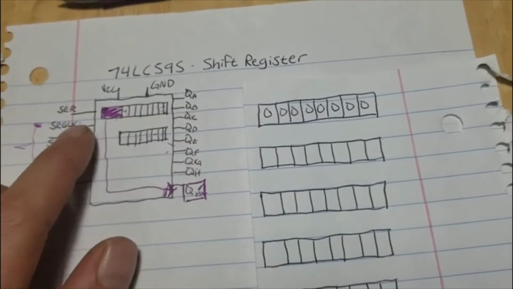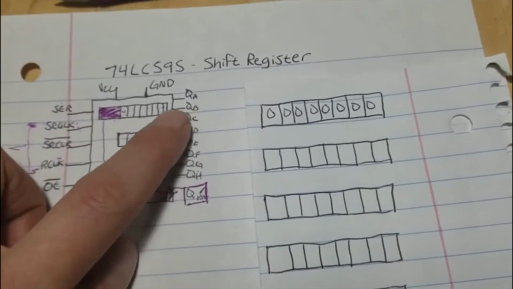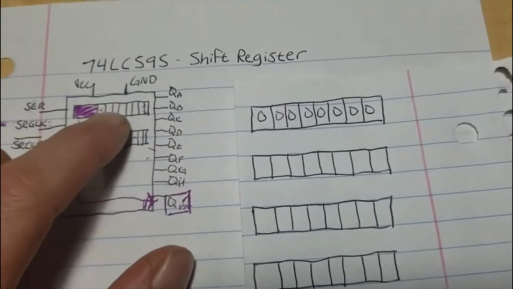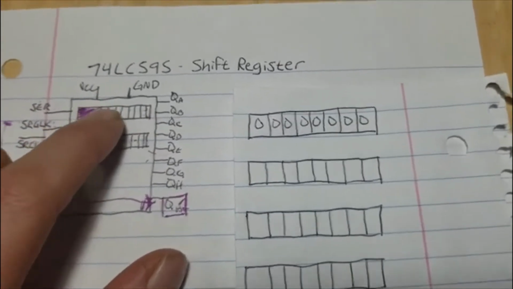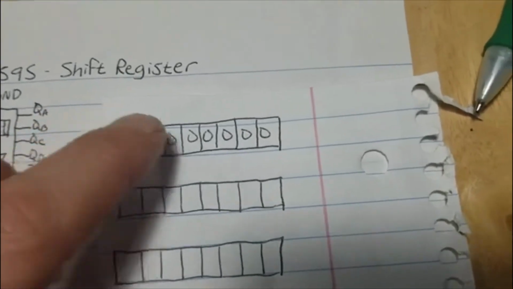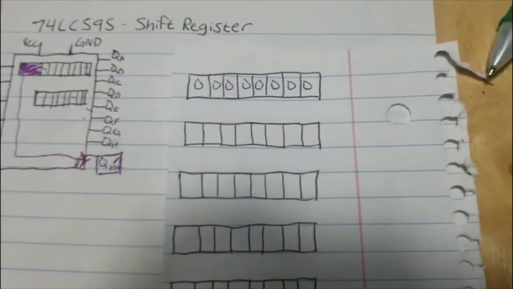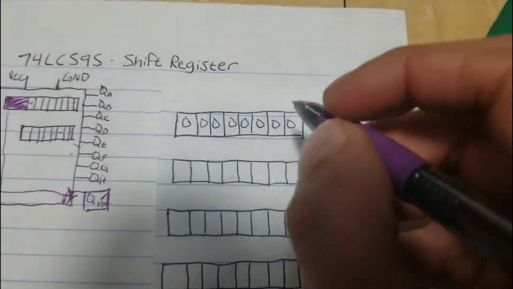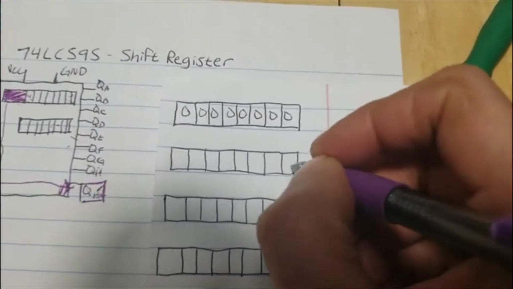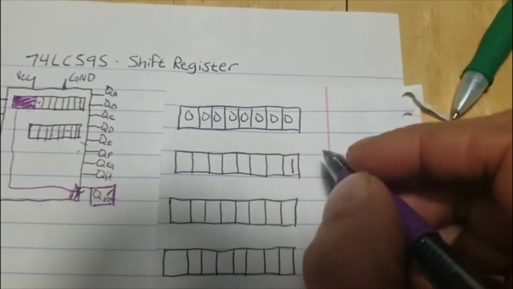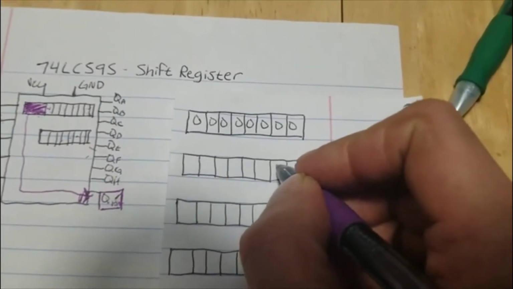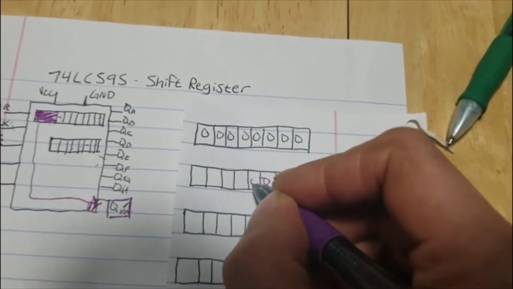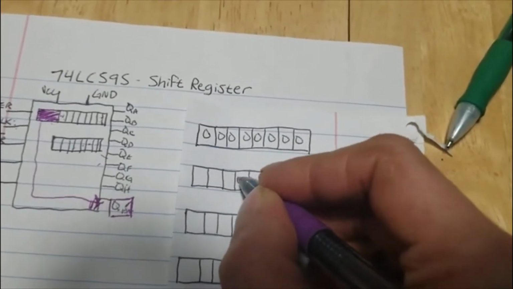So what do I mean? What is a shift register in the first place? What's happening here? So imagine this guy up here. This is our input, and it's just all full of zeros right now. Okay, so I send it a 1. And then all the rest of these things will end up being zeros all the way across.